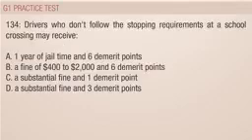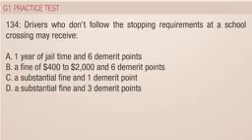Question 134. Drivers who don't follow the stopping requirements at a school crossing may receive A. 1 year of jail time and 6 demerit points. B. A fine of $400 to $2,000 and 6 demerit points. C. A substantial fine and 1 demerit point.